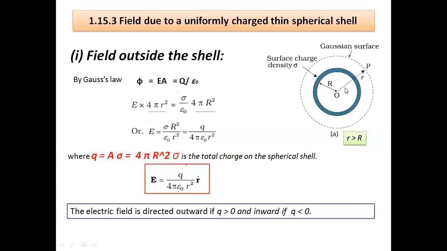This dotted line is our Gaussian surface.